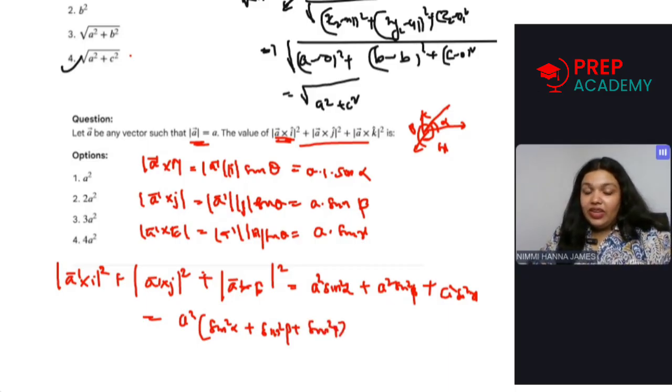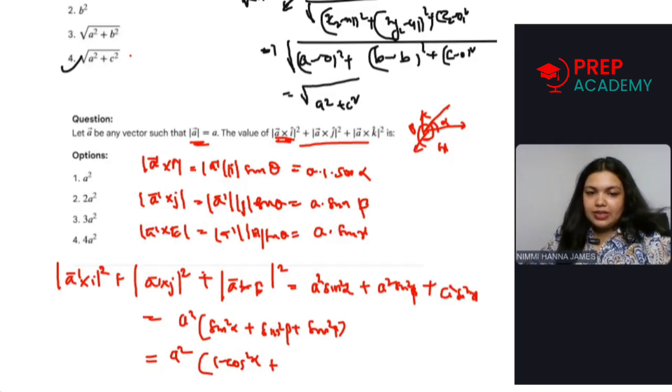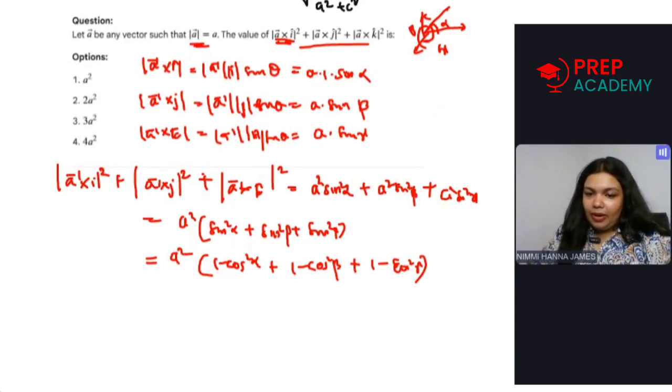We are not there yet. We have to simplify this. So what can we do about sine squared? We know that sine squared alpha is 1 minus cos squared alpha, correct? Sine squared x is 1 minus cos squared x. So 1 minus cos squared alpha plus sine squared beta is 1 minus cos squared beta plus sine squared gamma is 1 minus cos squared gamma.